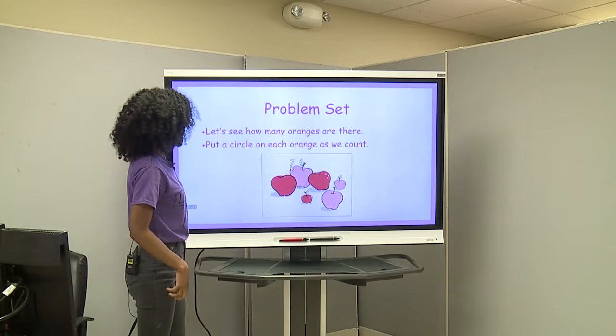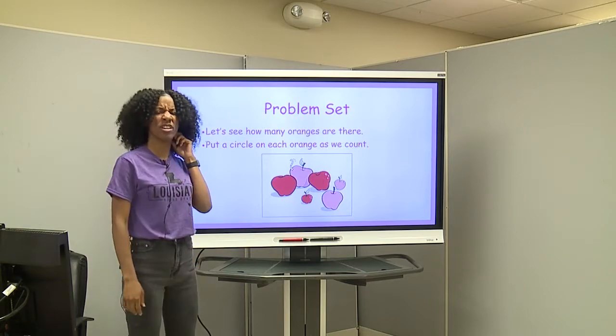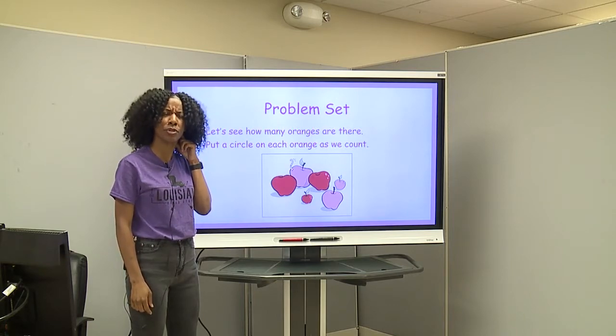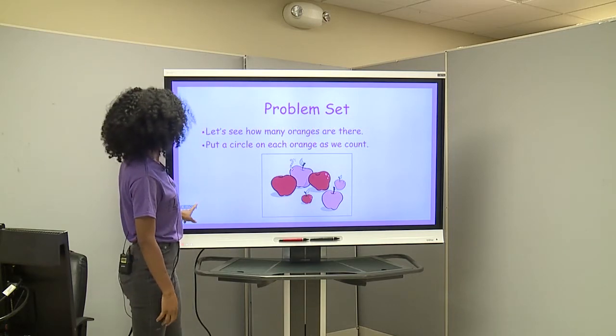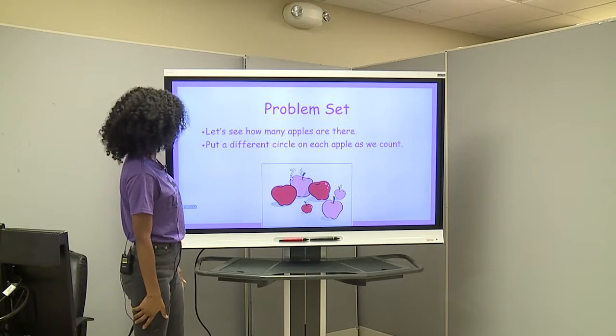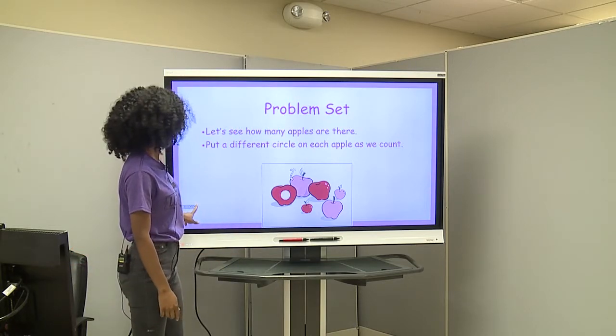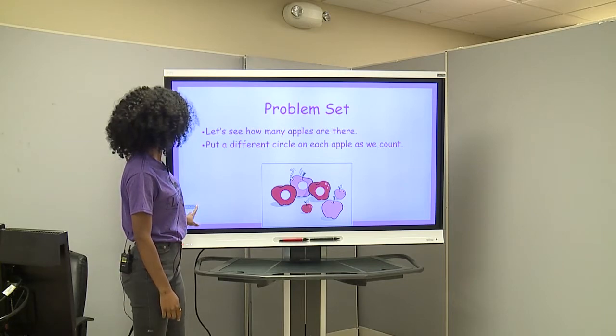All right. Now, how many oranges do we have? How many oranges do we have? Well, Miss Armstead, I actually don't see any oranges. So let's count how many apples we have. 1, 2, 3, 4, 5, 6.